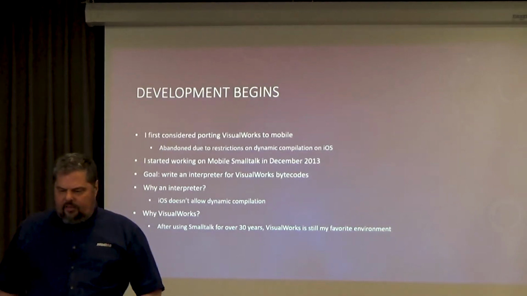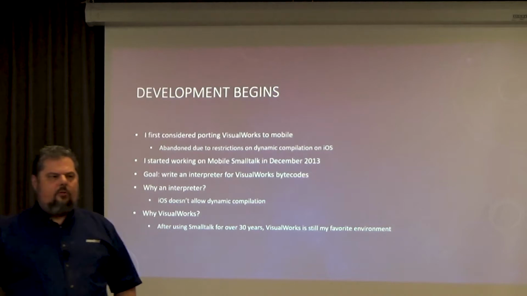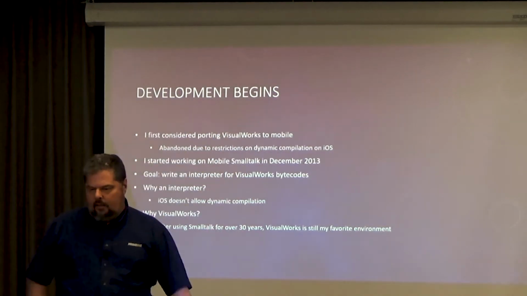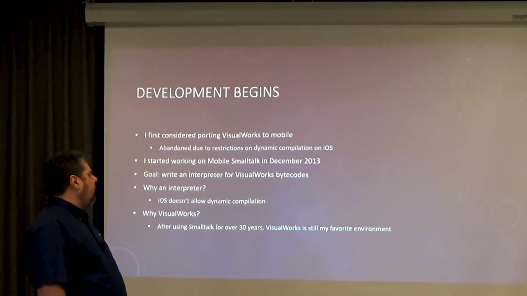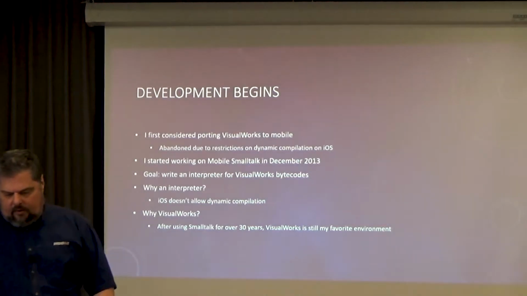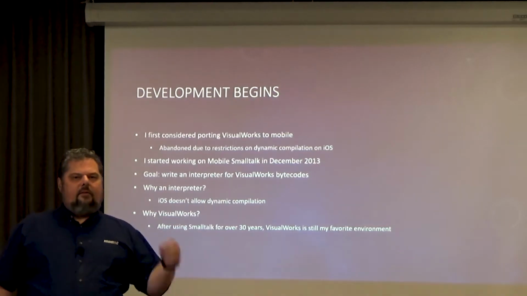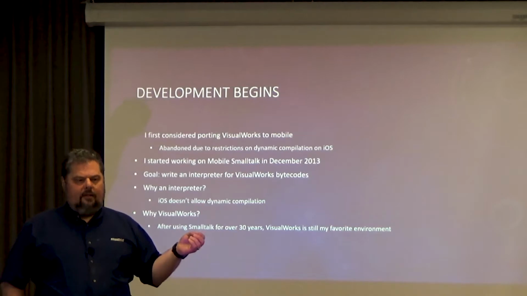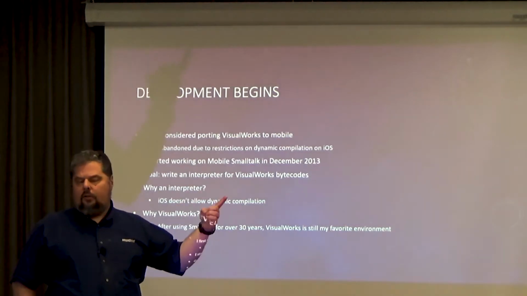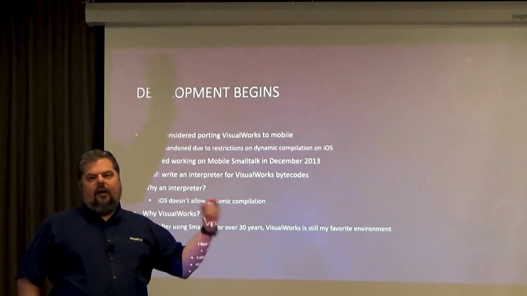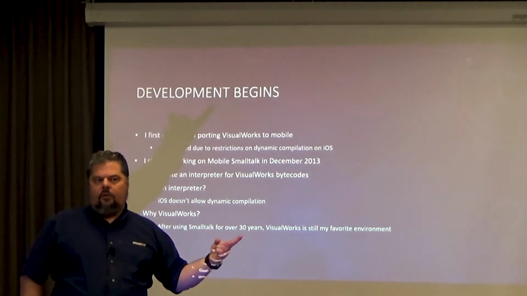I did some initial thinking about moving the VisualWorks VM to mobile. And I ran into one big problem, which was dynamic compilation on iOS. On the iOS platform, they did not allow you to allocate memory that was simultaneously writable and executable. So you can create writable memory, but it won't be executable.